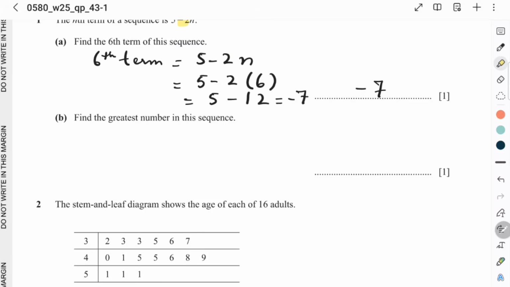So it means the first term will be the greatest term in the sequence. So we are just finding the first term. So t1 is equal to 5 minus 2 times 1, that is equal to 3. That is the greatest number in the sequence. When you put 2, then you will get a lower number.